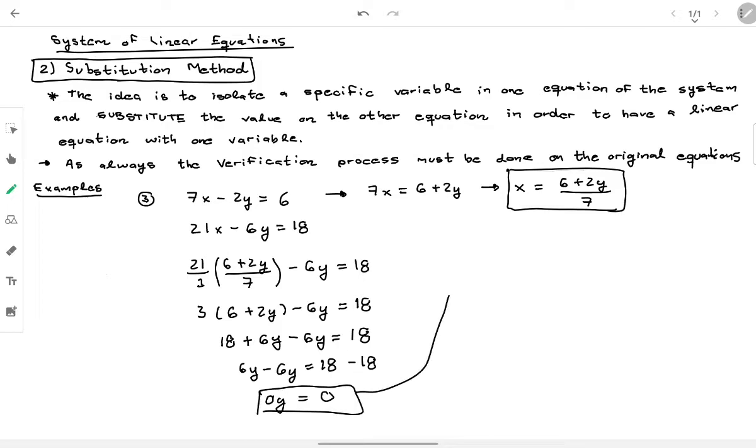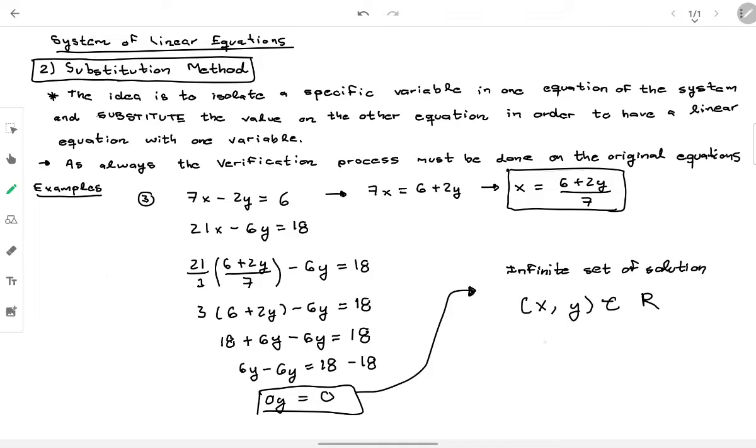So in this case, we can say that because every number multiplied by y is 0, y can have any value. That means x can also have any value. So we can say we have an infinite set of solutions. Or infinite solutions. Or we can also say that x comma y belongs to all the real numbers.